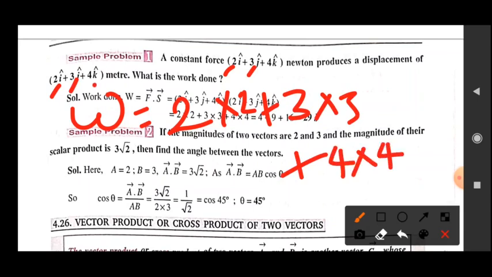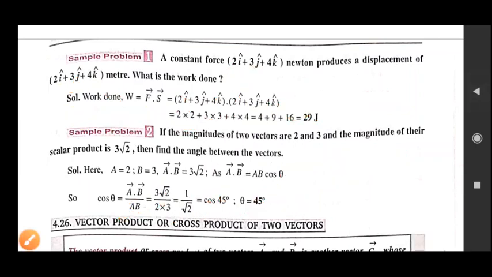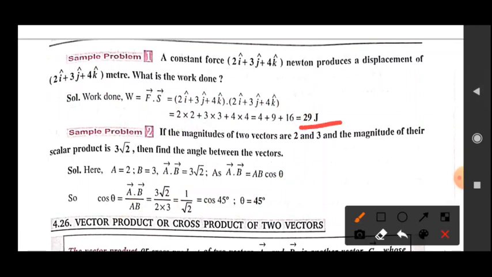How can we find out the work done? So the final work done is 4 plus 9 plus 16, and you will find that this is 29 joule.